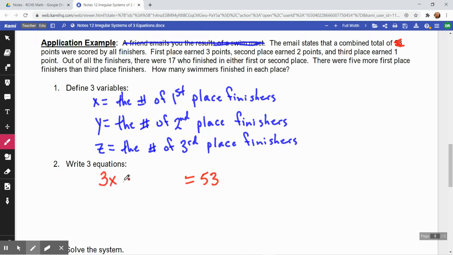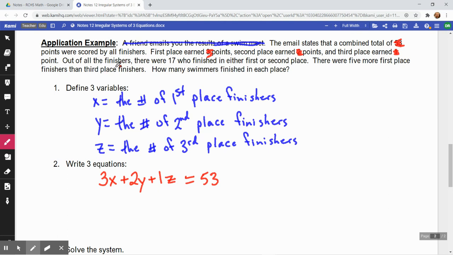So 3x, 3 points for first place, with 2 points for second place and 1 point for third place. We don't have to put the 1, but if we want to put it there so that we see where it came from up here in the story, that's okay. And again, we won't reuse any of that information.